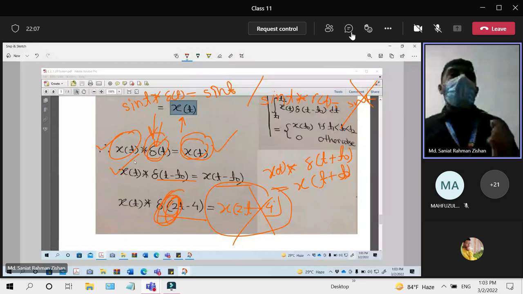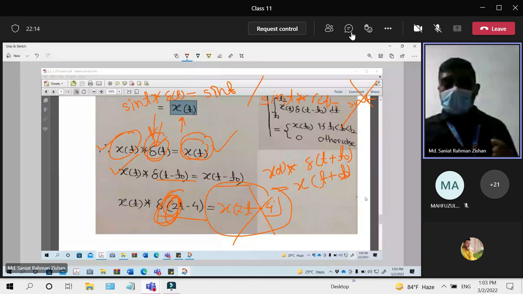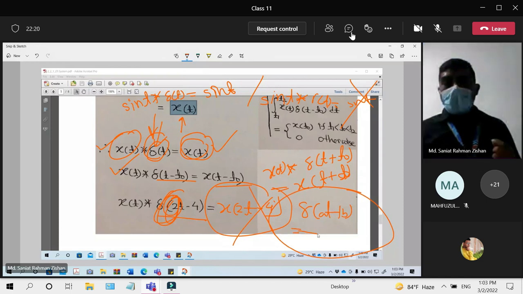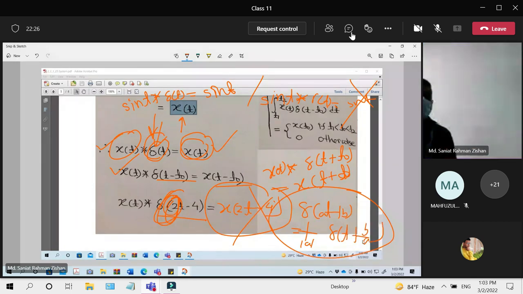Luckily for the impulse function, there is the property del at plus b, which I'm writing on the right side because I'll be showing each one in detail later. Del at plus b equals 1 by mod a del t plus b by a. No need to write it down, it will be given later. But just look at the property. It's from chapter 1.